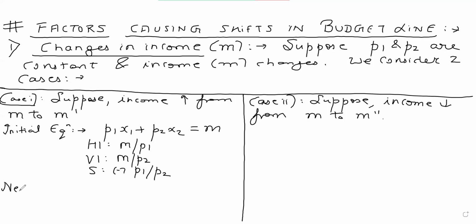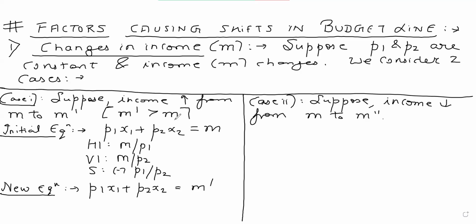What is going to be my new equation, guys? P1x1 plus P2x2 equal to M dash, where M dash is more than M because income has gone up. Horizontal intercept, M dash by P1.